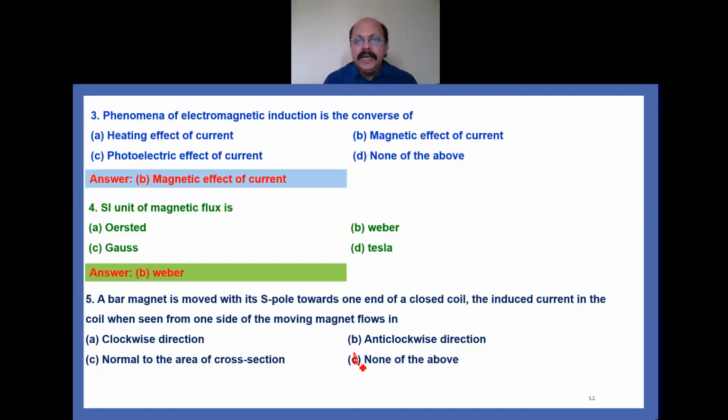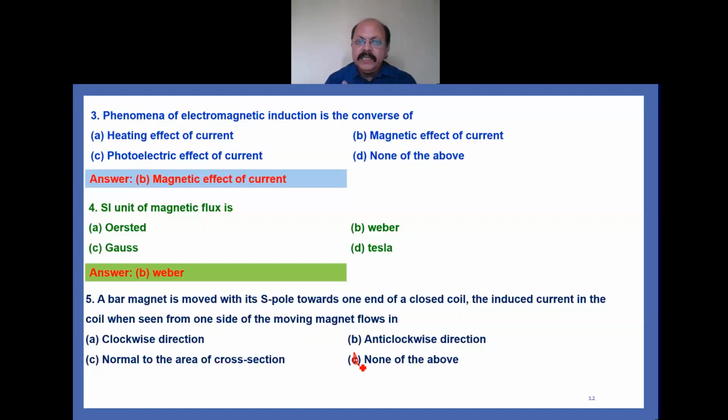So what happens as the south pole of the magnet moves towards the coil, its motion is opposed due to the change in magnetic flux, and hence a current is induced. The motion is opposed only if the face of the coil which is facing the south pole of the magnet has clockwise direction.